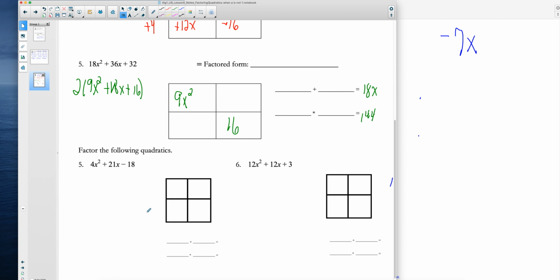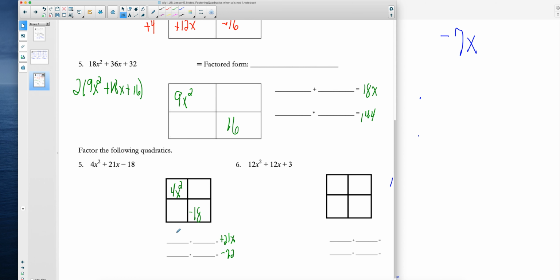All right, so real quickly to go through 5 and 6 with you. No GCF on number 5. So hopefully you put 4x squared in your first box here, and negative 18 in your lower right-hand box. Multiply 4 times negative 18 and you get negative 72. Then you should be adding to get 21x.